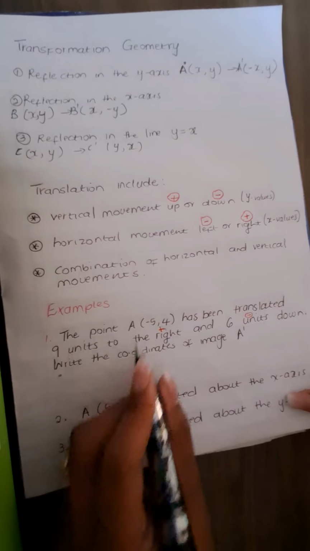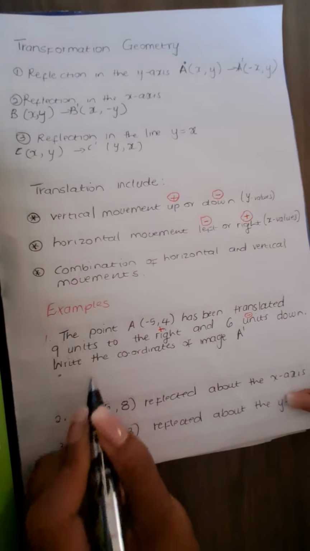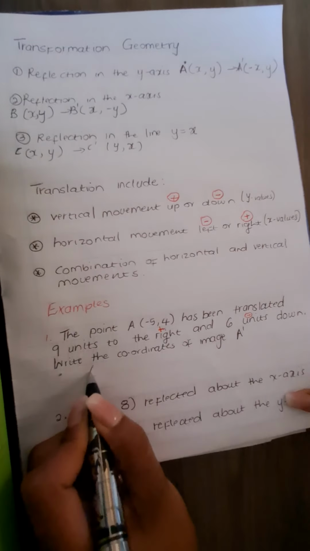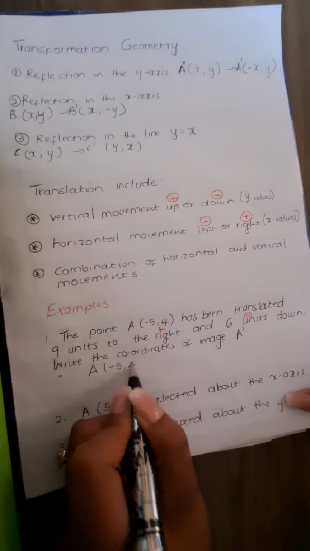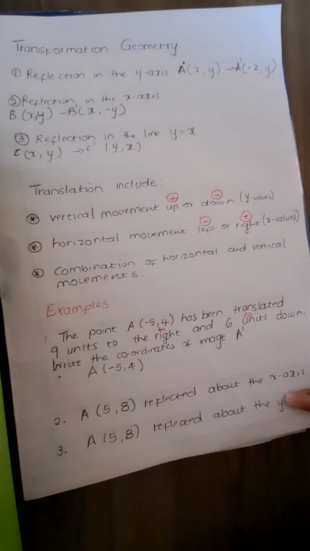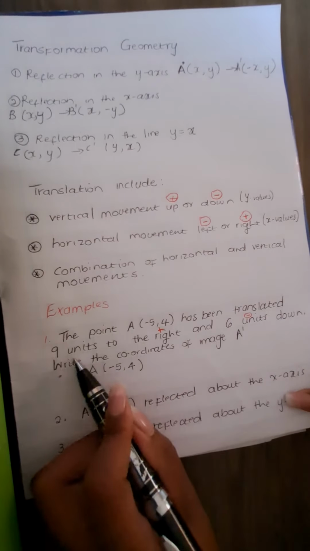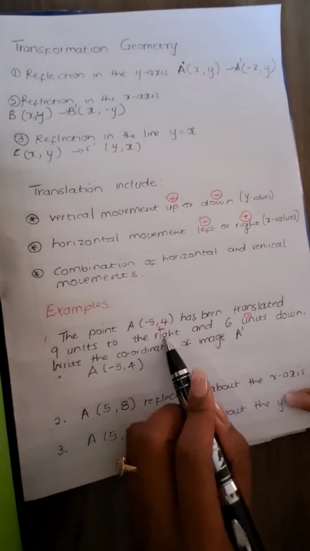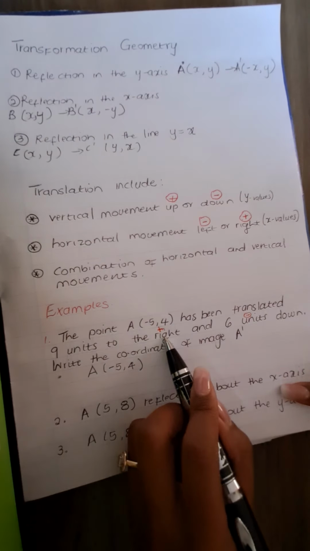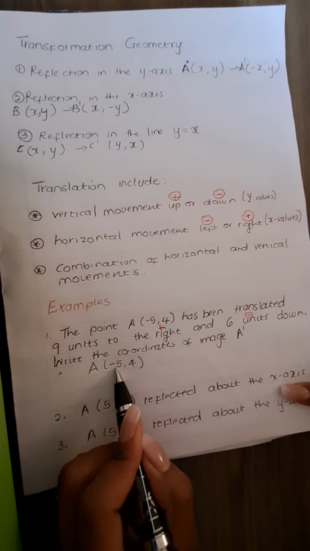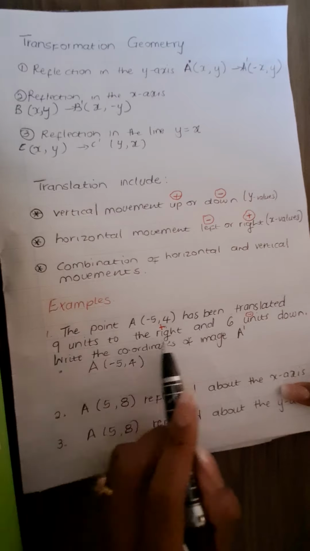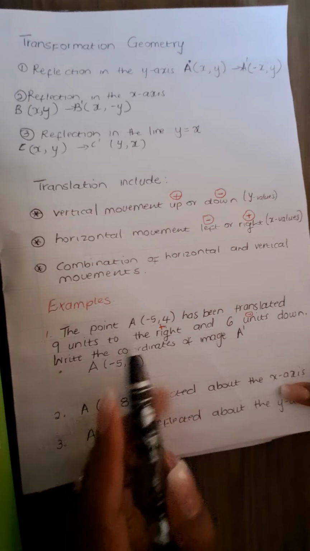What you will do is write your original coordinate of A. So your A originally is -5 and +4. And then they are translating it 9 units to the right. We said when they are talking about right or left, it is the x values. So these are my x values. Then that means I need to add 9 since right is positive.